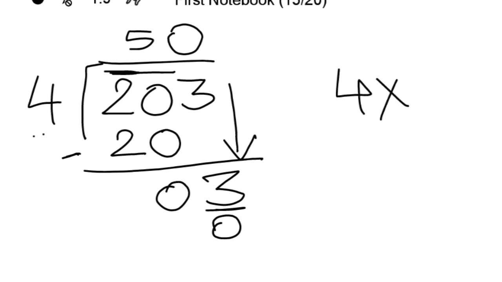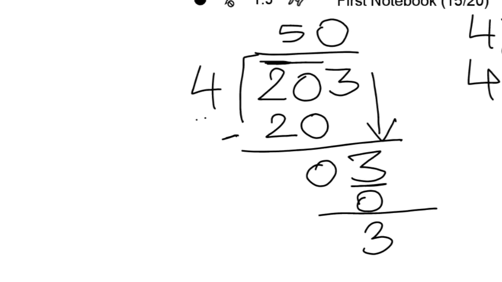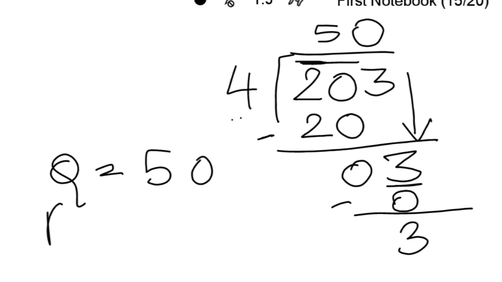Before 4 ones are 4, we know that there is 4 zeros are 0. This is also included in every table. So when we subtract 0 from 3, we will get again our answer 3. So here our quotient will be 50 and remainder will be 3. Got it? Now we'll see some more long divisions.